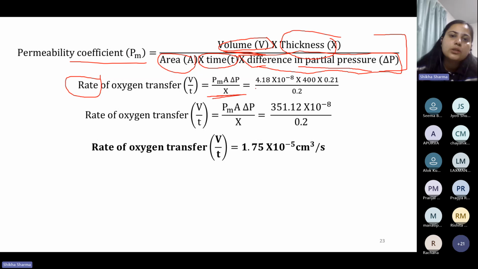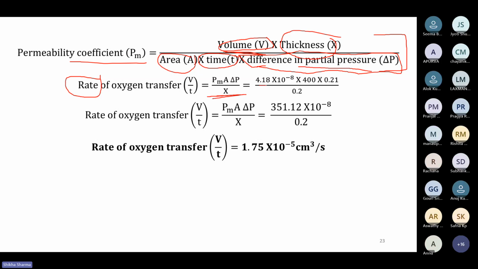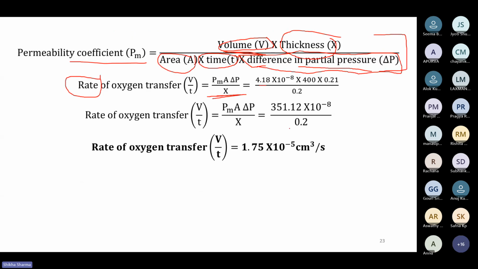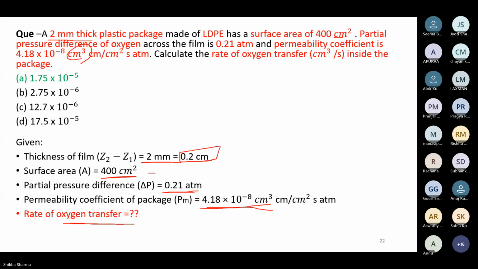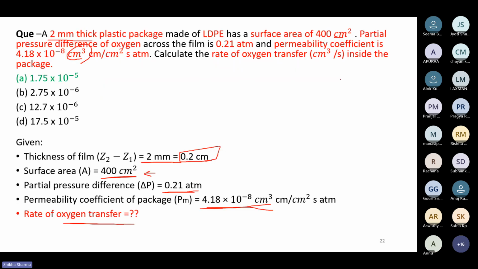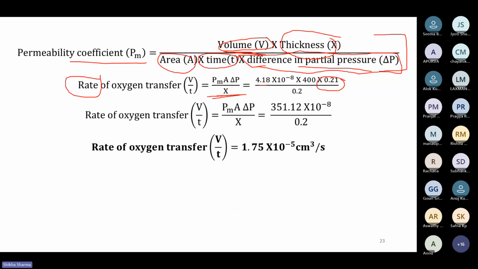Now we just need to apply this formula with the values given in the question. The permeability coefficient of the package is 4.18 into 10 to the power minus 8, into the area, 400 centimeter square, into the partial pressure difference, 0.21 atm, divided by the thickness, 0.2 centimeter.